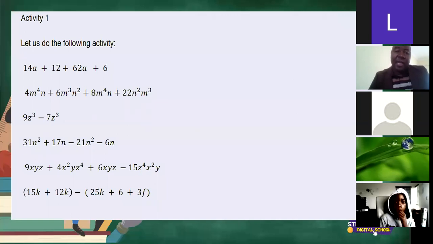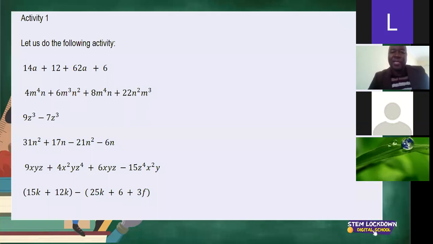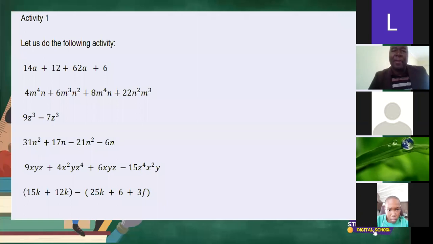I want us to simplify this. Forget about the rest, we will come step by step. If you have a pen and paper, please simplify 14A plus 12 plus 62A plus 6.